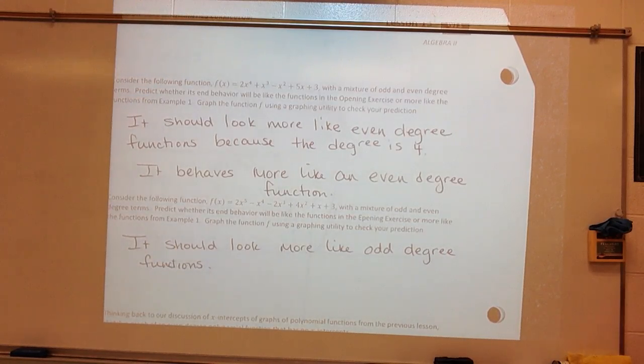Alright? But we have to see. So I have 2x to the 5th minus x to the 4th minus 2x cubed plus 4x squared plus x plus 3.